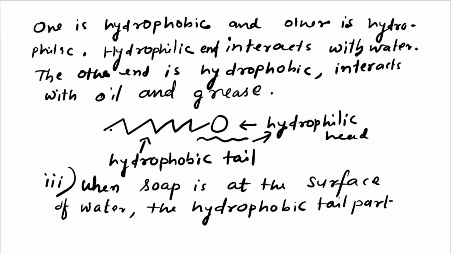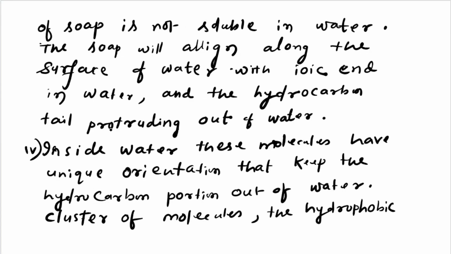Now, when the soap is at the surface of water, when you wash something, then it comes to the surface of the water. The hydrophobic tail part is not soluble in water, so it will align along the surface of the water. So after washing also, it is floating.